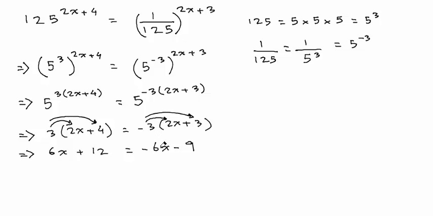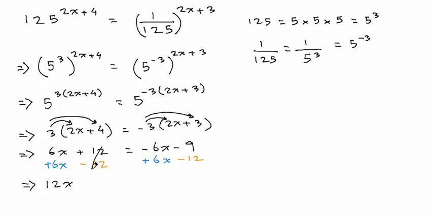We want to bring the x's on one side and the constants on the other side. Therefore, we're going to add a 6x to both sides of the equation and subtract 12 from both sides. So if we do a plus 6x on both sides, and then also a minus 12 on both sides, what we have is 6x plus a 6x is a 12x.